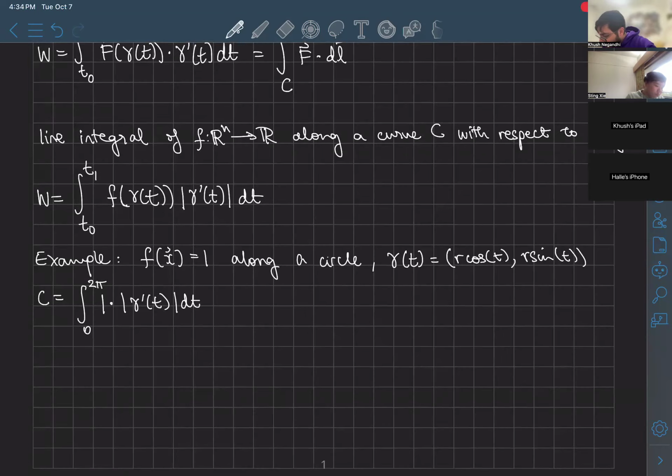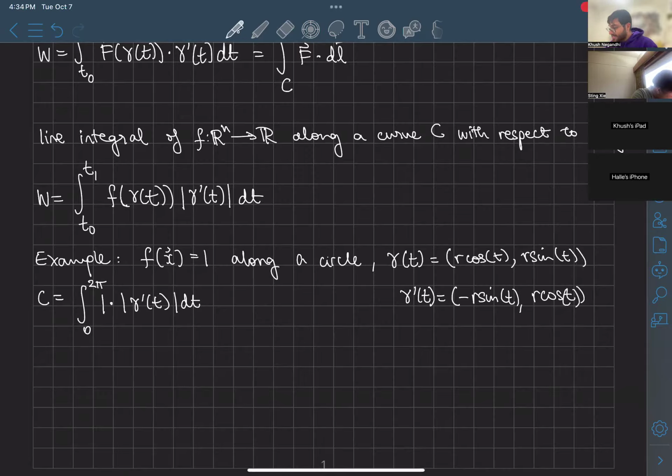But what is gamma prime? I simply take the derivative of the components. Right? So I get negative r sine t, r cosine t. And then I see that the norm of this is simply just r. Okay?